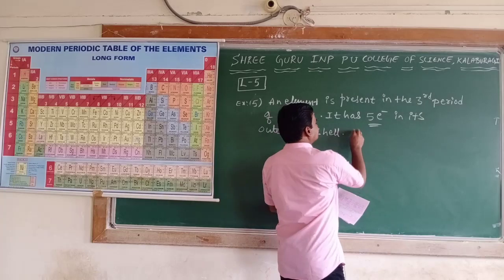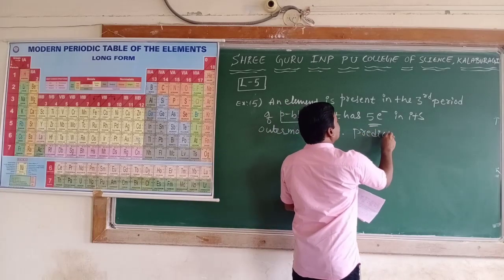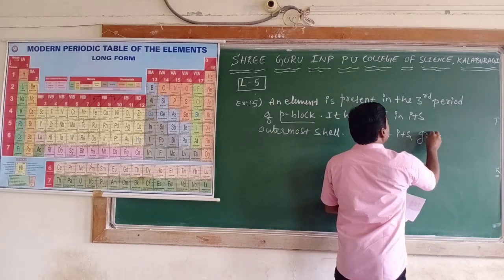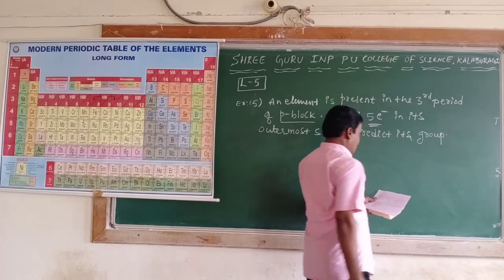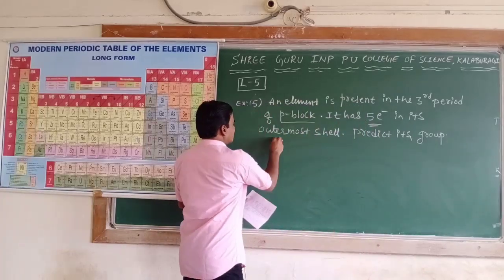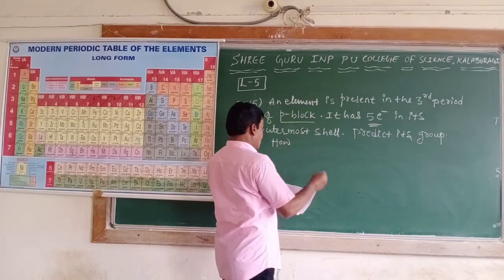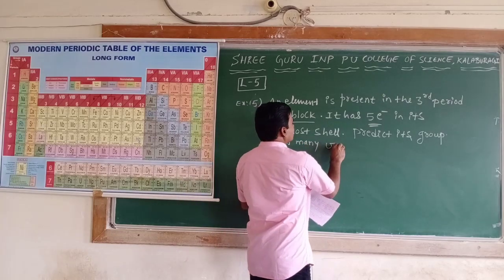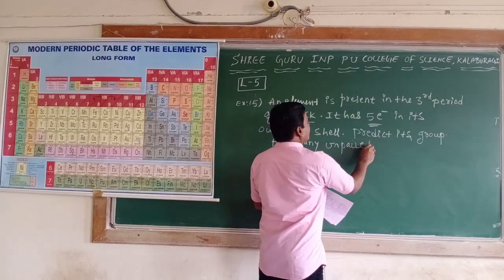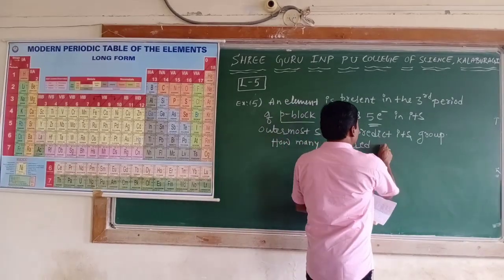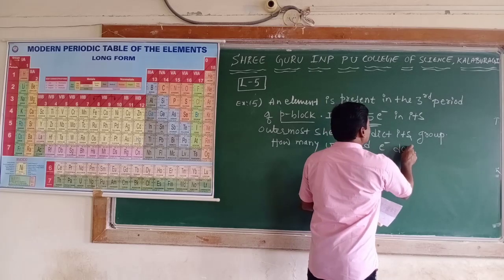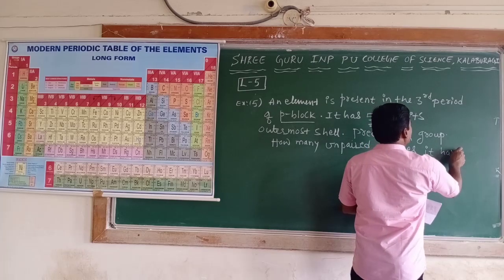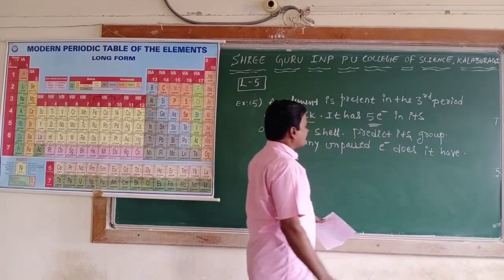Predict its group. Continuation: how many unpaired electrons does it have?